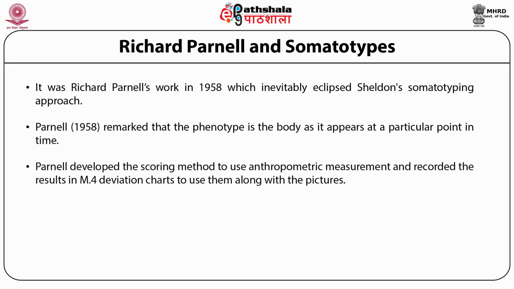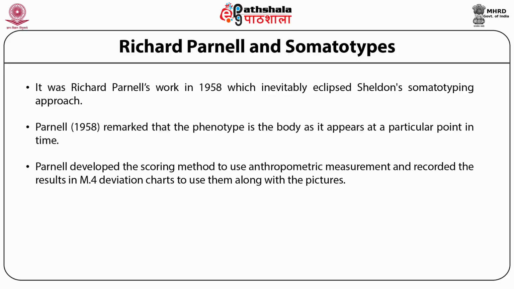Parnell developed the scoring method to use anthropometric measurements and recorded the results in the M4 deviation chart to use them along with the pictures. Parnell's method of somatotyping requires height, weight, and measures of muscle girth from biceps and calf, femoral and humeral epicondylar diameters, and skinfold thicknesses at triceps, subscapular, and suprailiac.